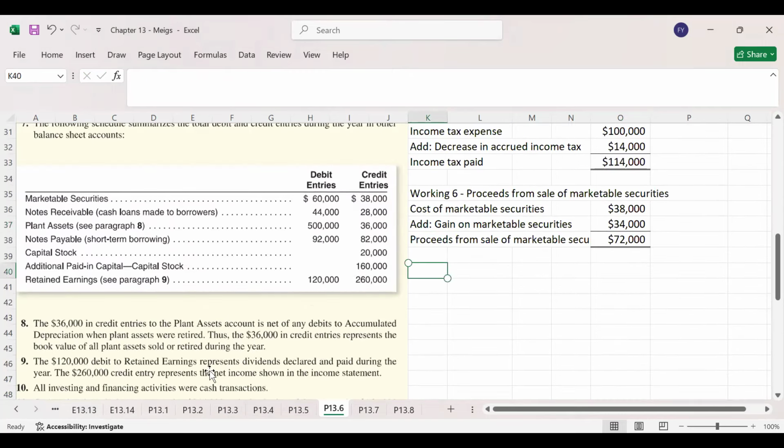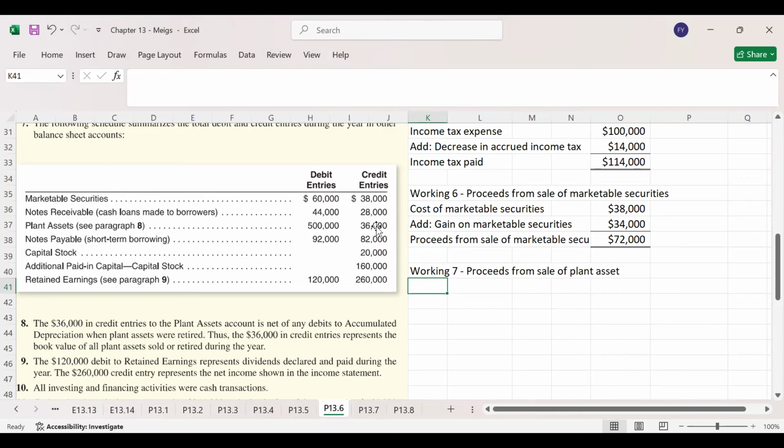So working 7, which is related to proceeds from sale of plant asset, and the information which is given: plant asset, you can say there's a credit entry which is 36,000. Credit entry means, because this is an asset, by nature this account is a debit account. Credit entry means we have sold or retired any asset.